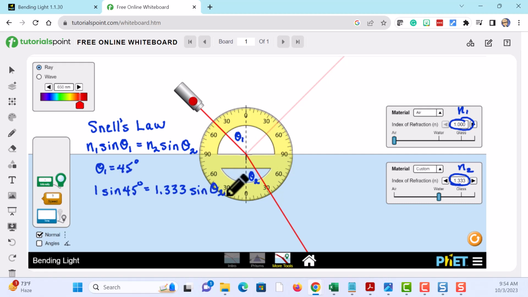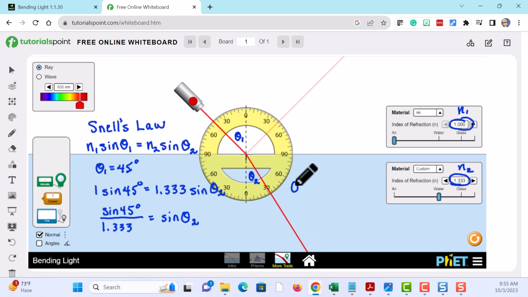In order to solve for sine of theta 2, we're going to isolate sine theta 2, and we can do that by dividing both sides by 1.333. So we get the sine of 45 degrees divided by 1.333 is equal to the sine of theta 2. In order to solve for theta 2, we can take the inverse sine of both sides.